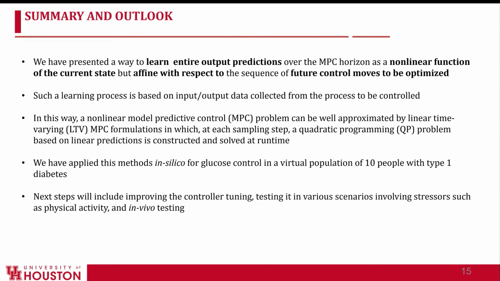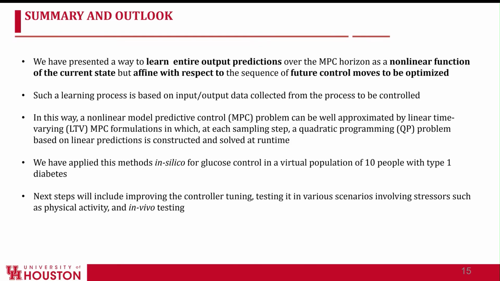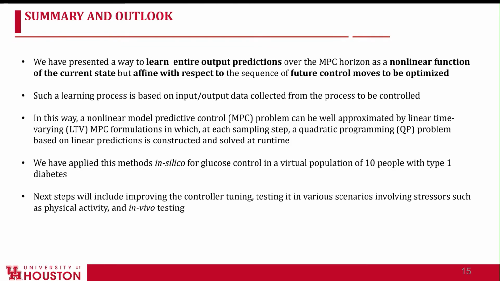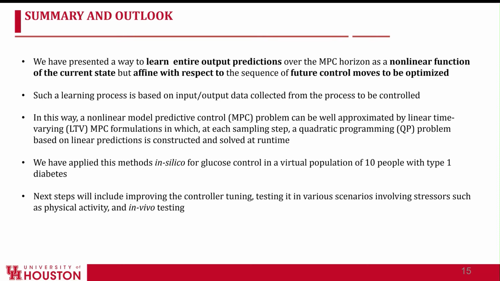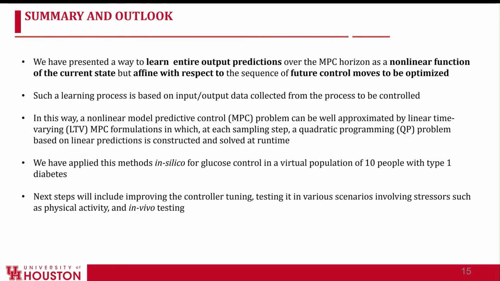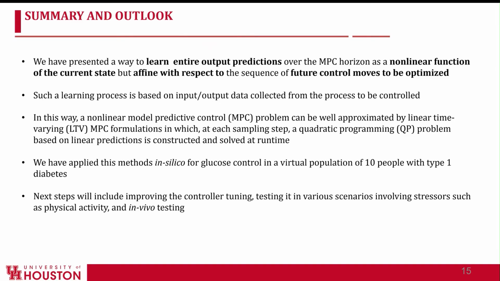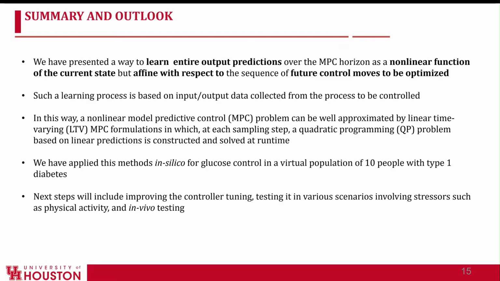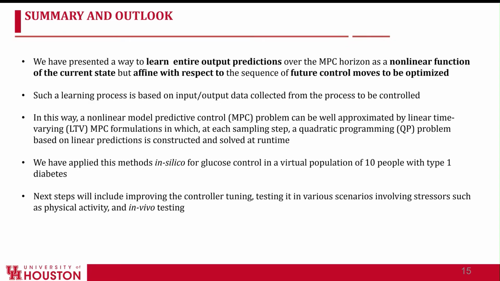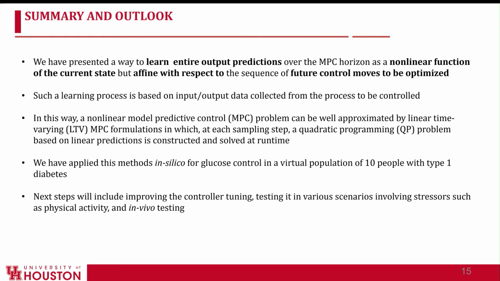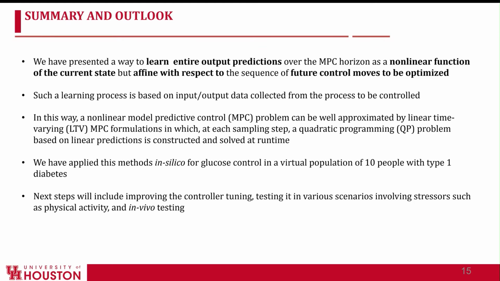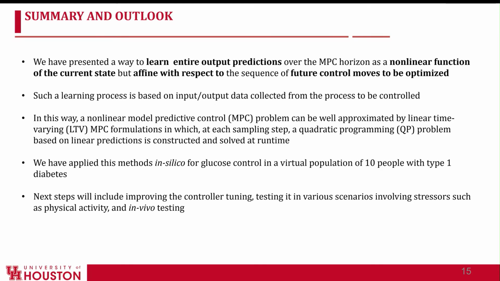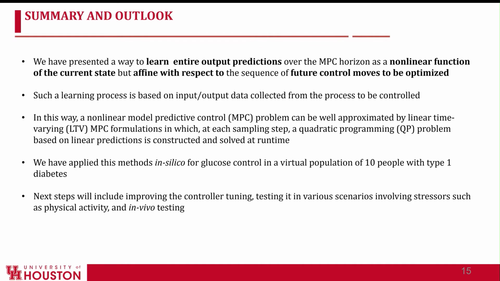So where do we go from here? Well, we have presented a way that allows us to learn an entire output prediction over an MPC horizon as a nonlinear function of the current state, but affine with respect to the sequence of future control moves to be optimized. The learning occurred based on input-output data collected on the process to be optimized.